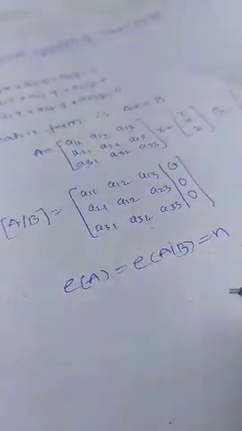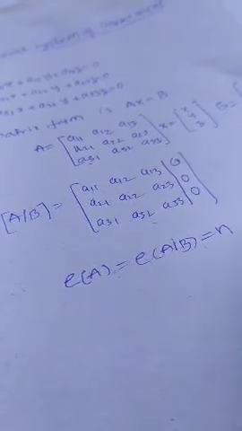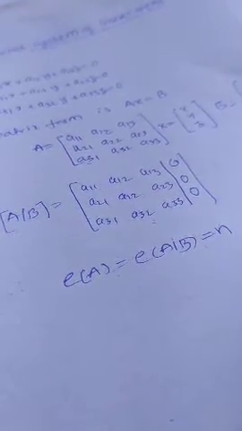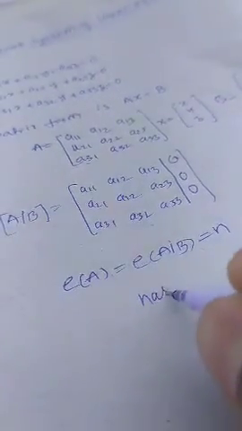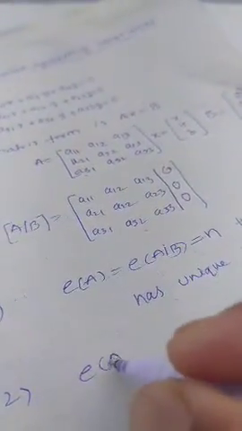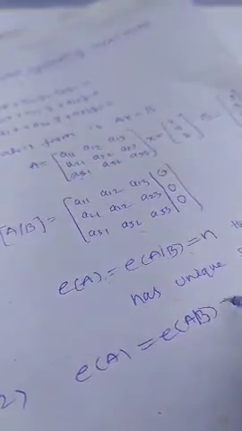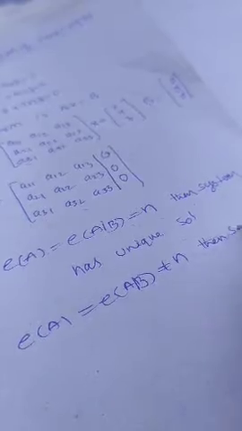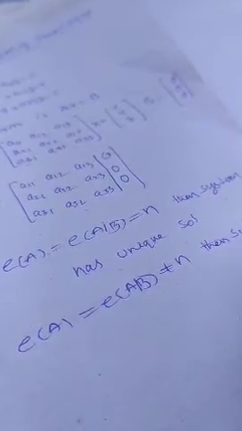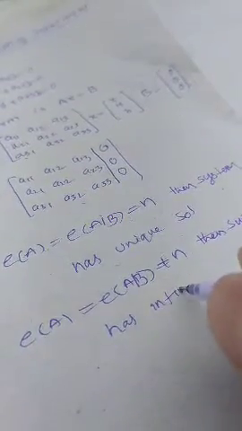This is the first case. Second case, if rank of A equals rank of AB and is not equal to n, then the system has infinite solutions.